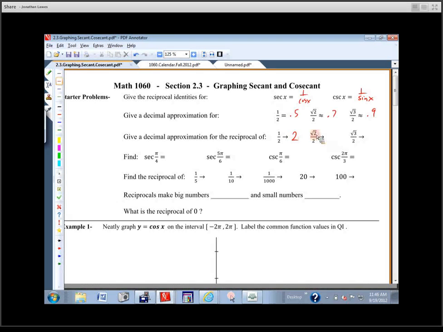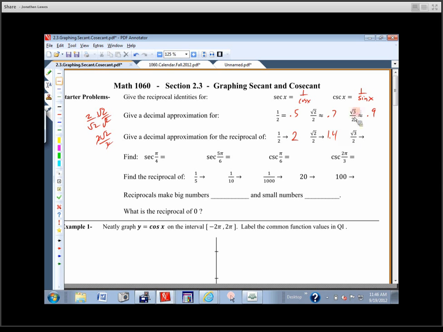If I do the reciprocal of radical 2 over 2, I'd get 2 over radical 2, which in order to make sense of it in what we typically see, we'd rationalize the denominator. So I'd have 2 radical 2 over 2. The 2's would cancel. This would be the same as radical 2, which is 1.4, approximately.